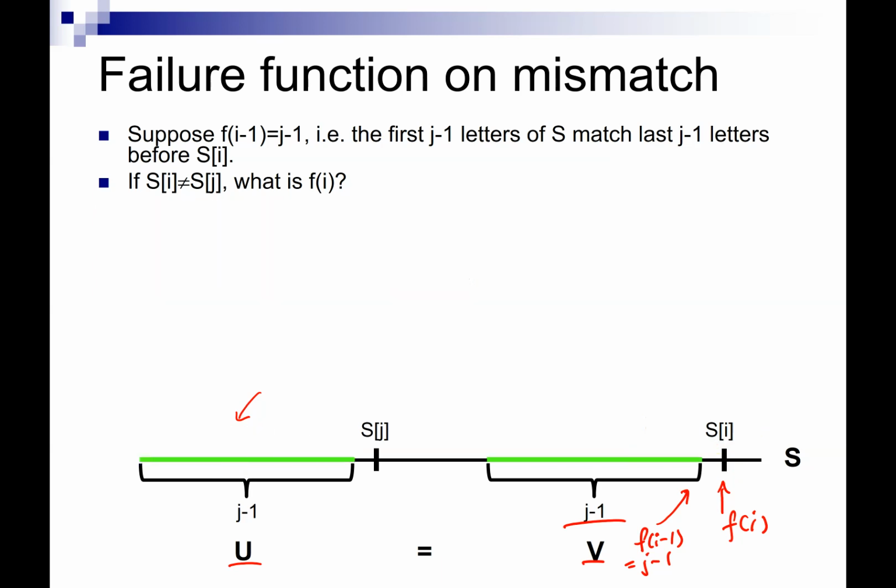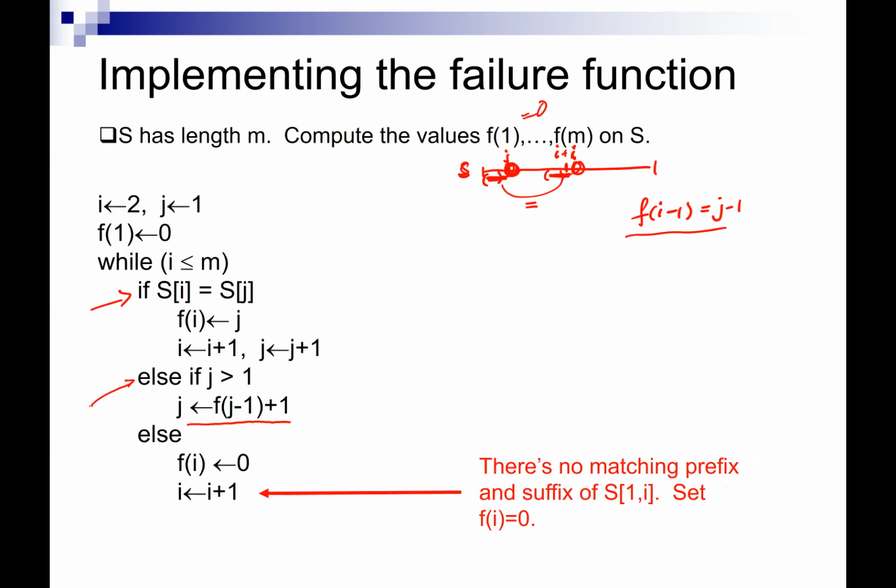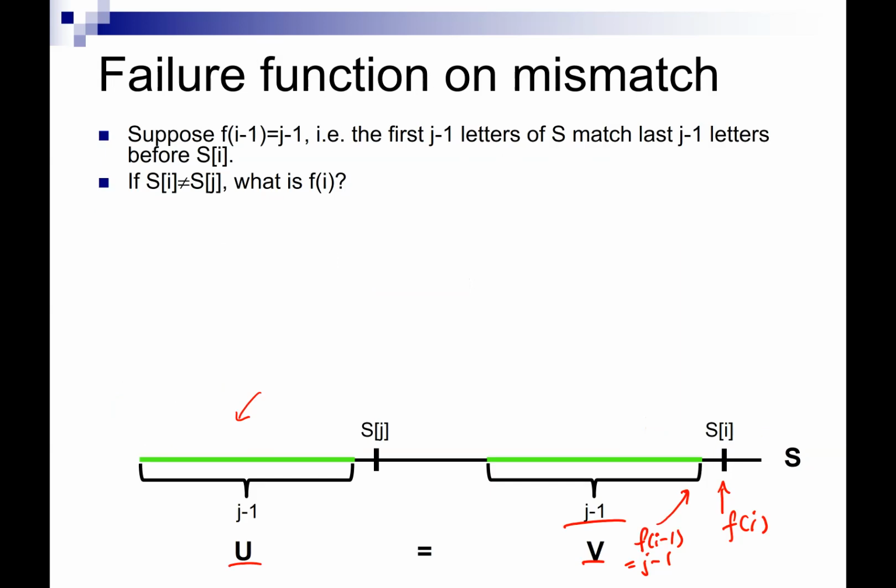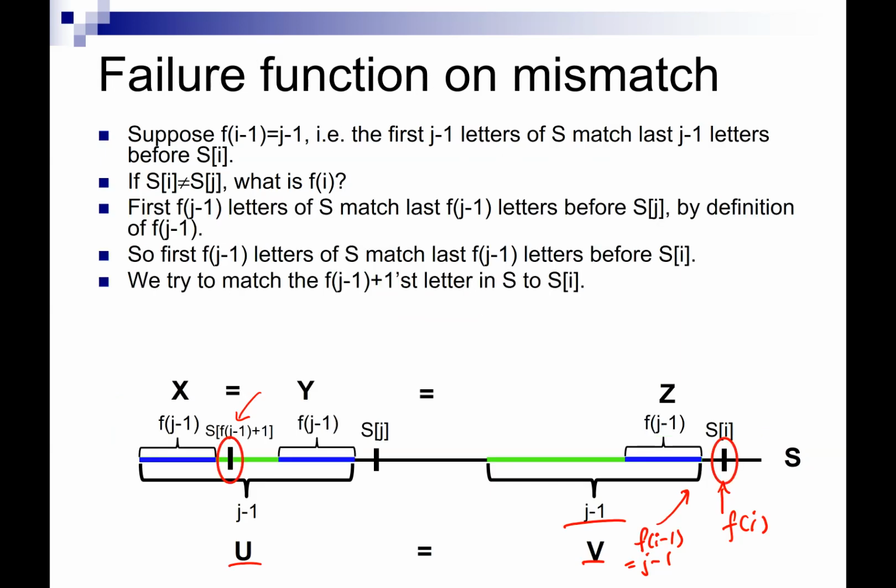So this is why in this case over here we set j to be f of j minus 1 plus 1. Because after you get a mismatch between this letter and that letter, the next thing we're going to try is to match this letter with that letter.